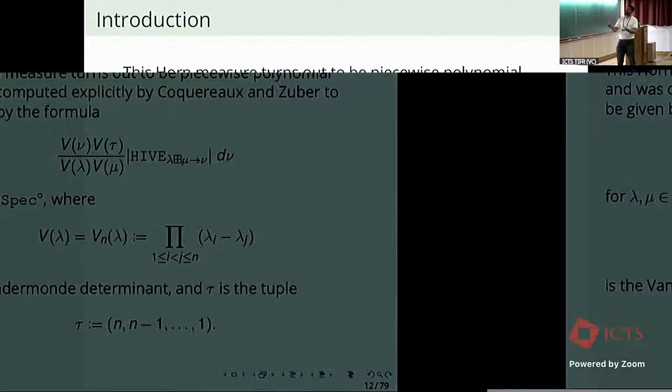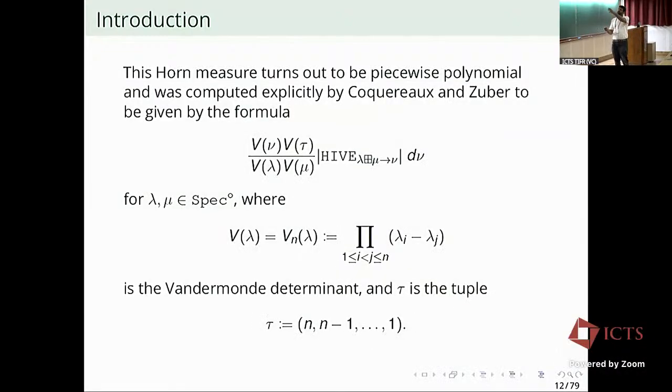Now, the hive polytope is the set of all hives with given boundary lambda, mu, and nu. So this is exactly the probability distribution of observing nu, where V is the Vandermonde determinant, and tau is the tuple n minus 1 all the way till 1, so it just is decreasing like this. Yes, for this I'm assuming lambda is fixed. Yes, thank you.